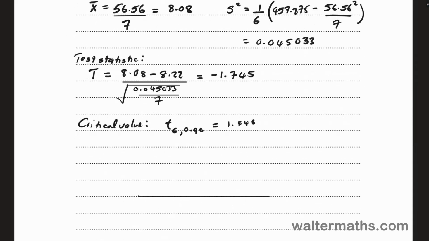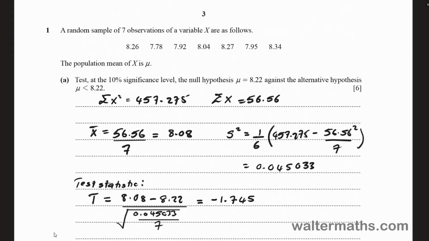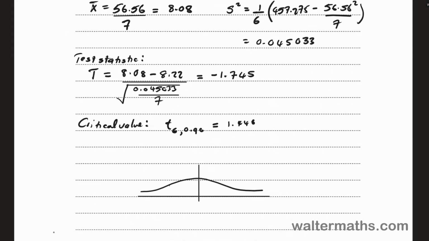If we go to the t curve with the mean mu right here, considering that this is a lower tail test, since mu is less than 8.22, we know that the critical t value is minus 1.440. This is zero.